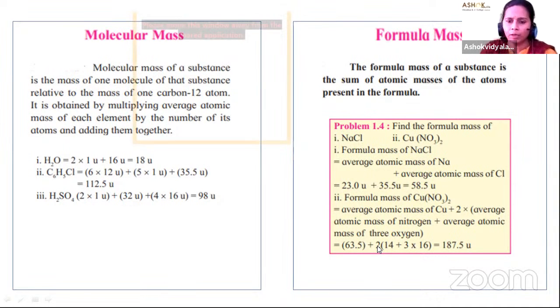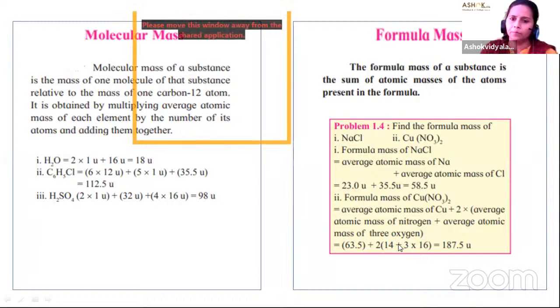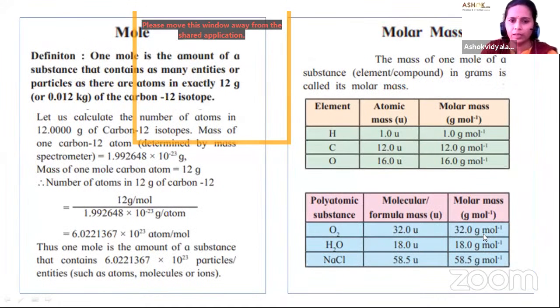The average atomic mass of copper is 63.5, and that of nitrogen is 14, and the number of oxygens is 3, that's why 3 into 16. Then the total is 187.5 U. Now this is formula mass, again very easy.